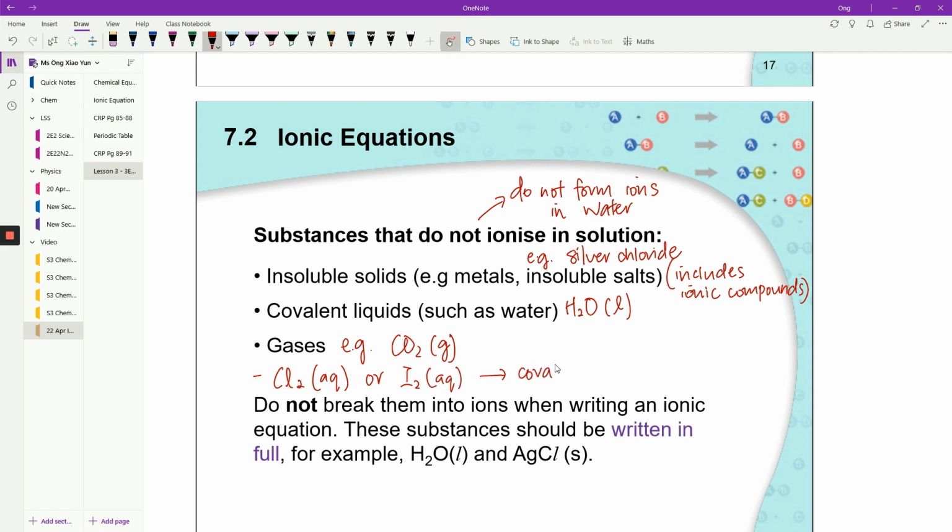Okay, because they are covalent substances, and they have very strong covalent bonds. So do not break them into ions when you write the ionic equation. So H2O remains in liquid as a full formula, and silver chloride in solid as a full formula. Okay, silver chloride is actually this.